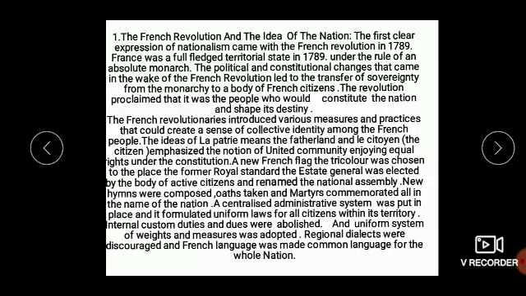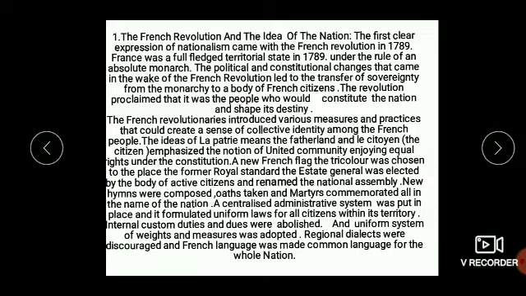A new tricolour French flag was chosen to replace the former royal standard, and the Estates General was elected by the body of active citizens and renamed the National Assembly.